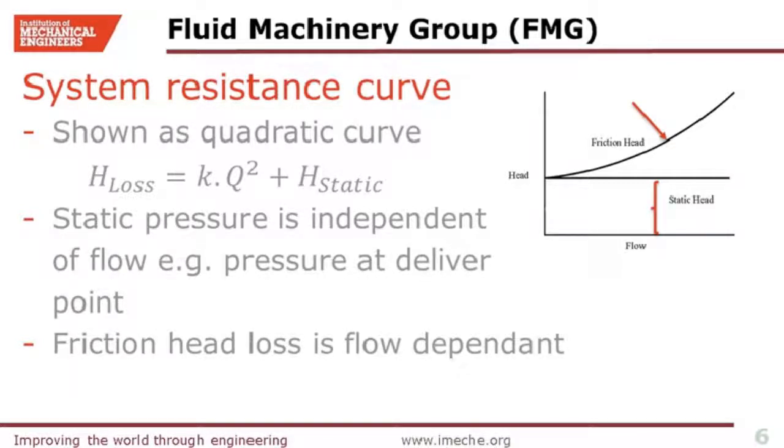For example, when the delivery point is a vessel with constant pressure, it is independent of flow rate in the system. Or, for example, any elevational differences between suction and discharge points, again, are independent of flow rate. But friction loss is velocity or flow rate dependent.